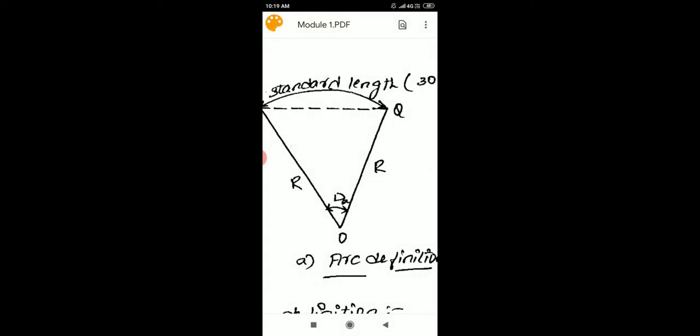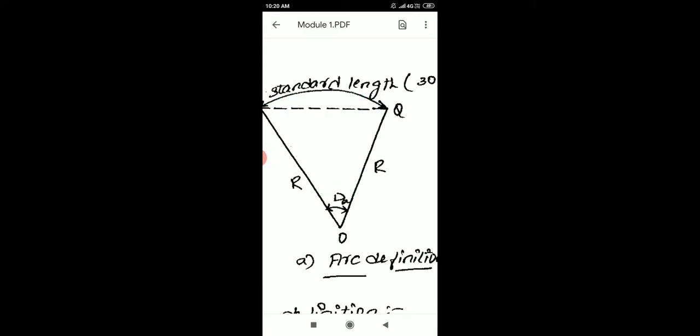See here, this is the angle, this is the chord, and this is the curve. We will assume the standard length of the chord is 30 meter or 20 meter. So by using all these data, we will solve the arc definition.